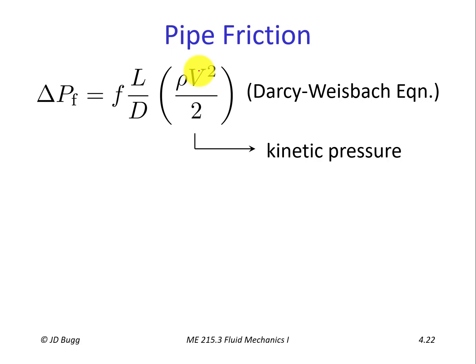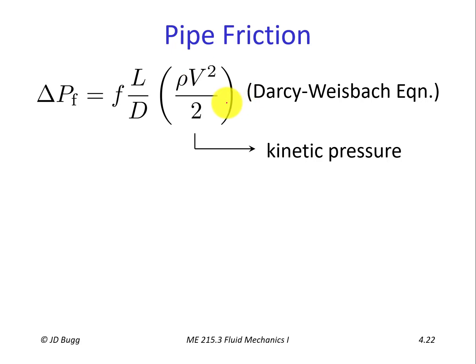So this velocity is the average, or so-called bulk velocity in the pipe. So rho v squared over 2 is the kinetic pressure, and that term has units of pressure. If we were working in SI, that would be pascals.